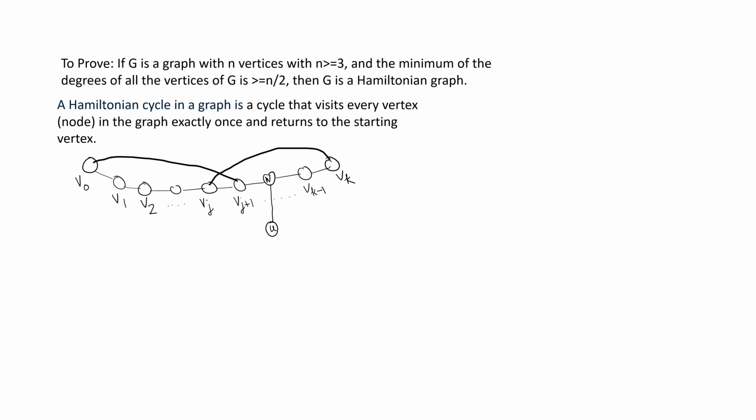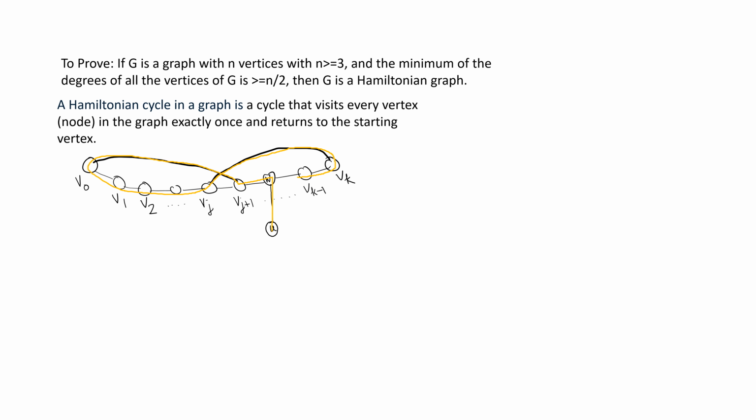If u is connected to w, then there exists a path which starts from u and then goes to w, and then goes around the cycle and stops at the node which is exactly next to w. What will be the length of this path?